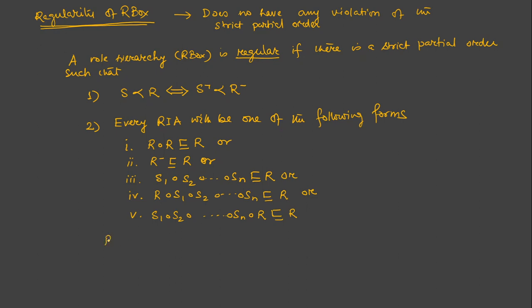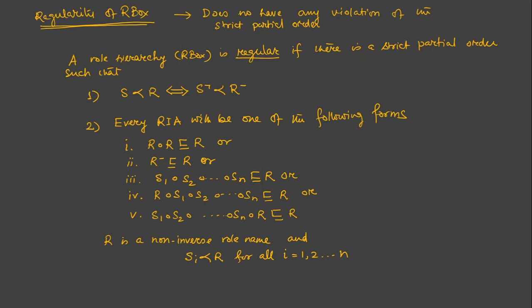So where R is a non-inverse role name and there is a strict partial order between Si and R for all i equal to 1 to n.